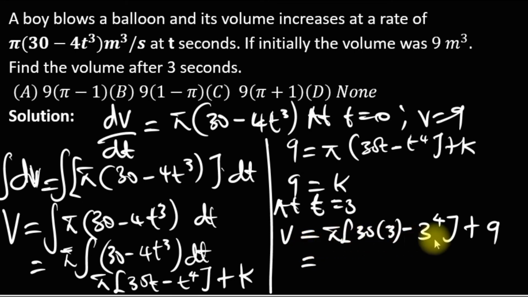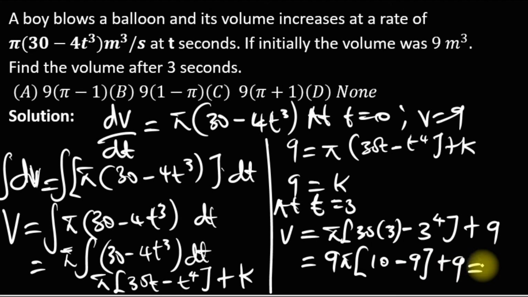So looking at this, 30 is 3 times 10, so I'm bringing out 3. That means 3 times 10 times 3. So I'll bring out 9. 3 times 3 is 9, so I'll bring out 9. So I have 9 pi. So remaining 10 here. Remember I brought out 3 squared, which is 9. Remaining 3 squared, 3 squared is 9, plus 9.